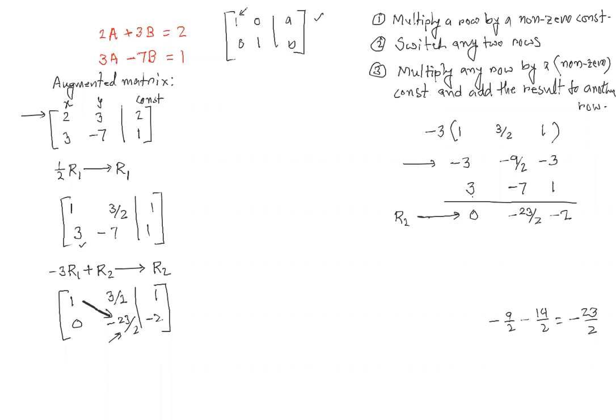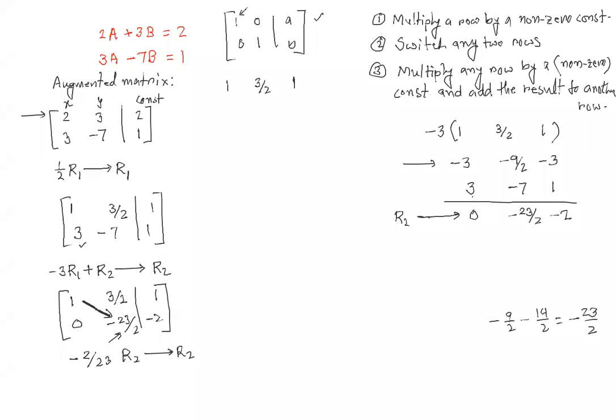Multiply by the reciprocal. So it's going to be -2/23 times row 2 becomes your new row 2. So let's go ahead and work on it. 1, 3/2, 1, right?